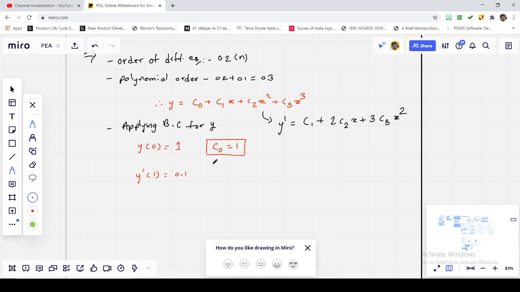So we need to substitute here. 0.1 is equal to c1 plus 2c2 plus 3c3. Now we have to find c1 in terms of c2 and c3. So we take c1 on one side, and 0.1 minus 2c2 minus 3c3 is the value for c1.